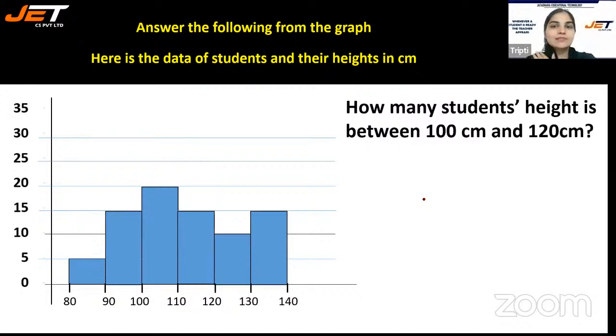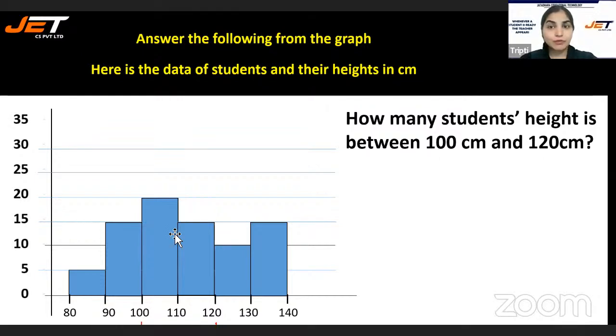How many students' height is between 100 centimeters and 120 centimeters? This is 100, this is 120. The ones who are responding in the chat box, very nice, good job, keep it up. I can see your answers, they are correct.